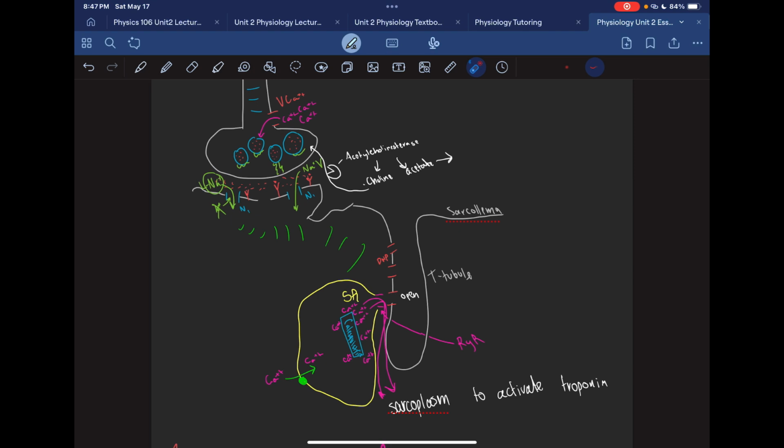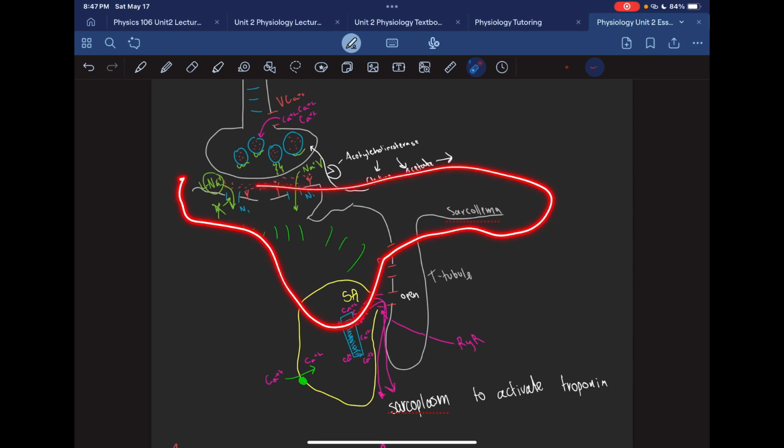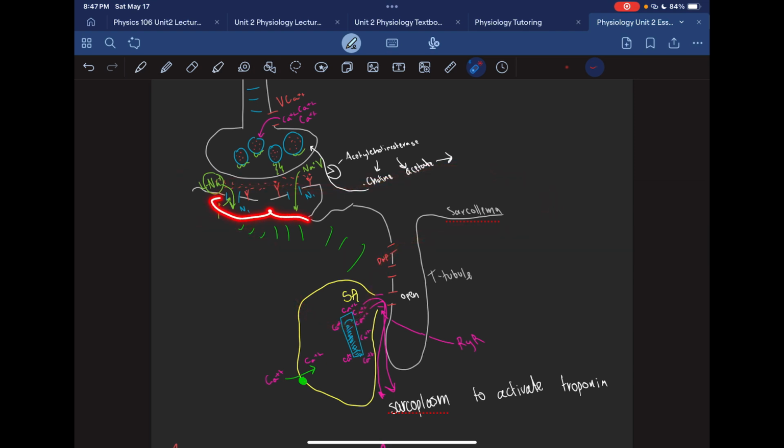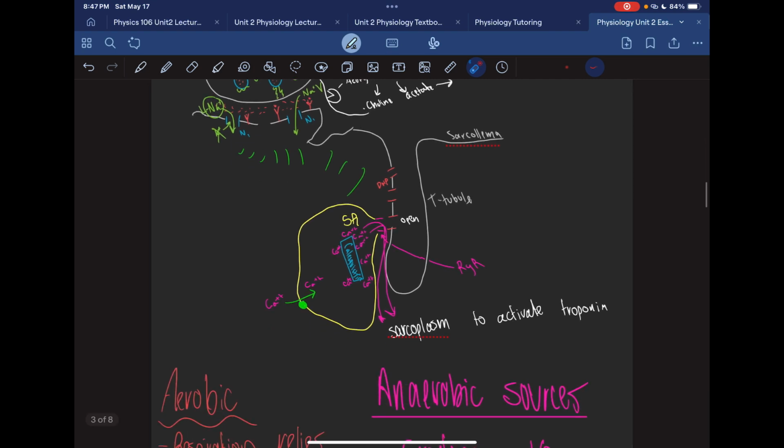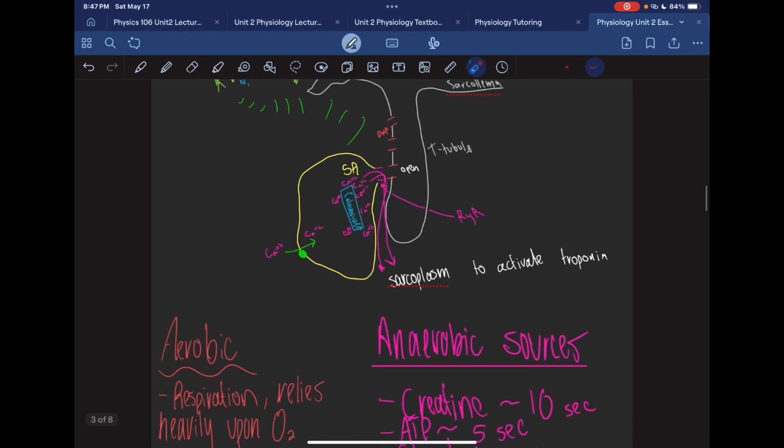This section here is known as the sarcolemma, where the postsynapse is right here. It's going to receive those neurotransmitters, and then we have the T-tubule here, which has those DHP channels.